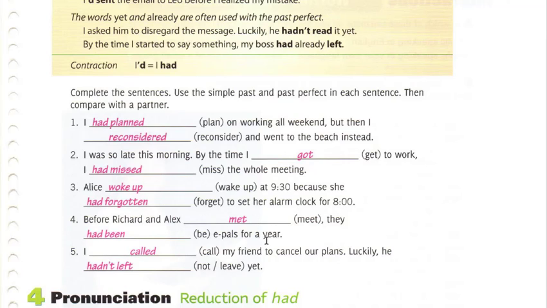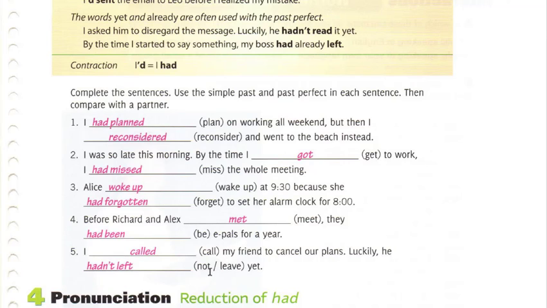Number 5, I called my friend to cancel our plans. Luckily, he hadn't left yet. So we add the ed at the end of the verb call to make it into called. Change it into its simple past form. We add had to leave, and we change the word leave to left because it's irregular.